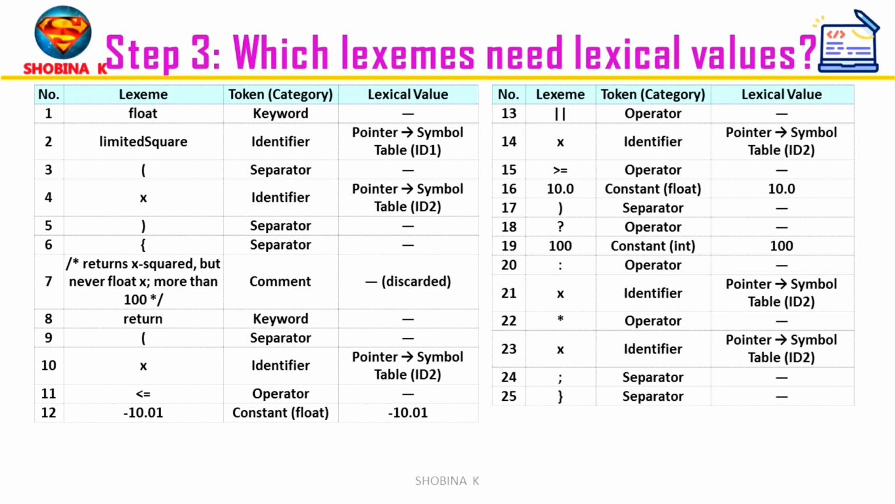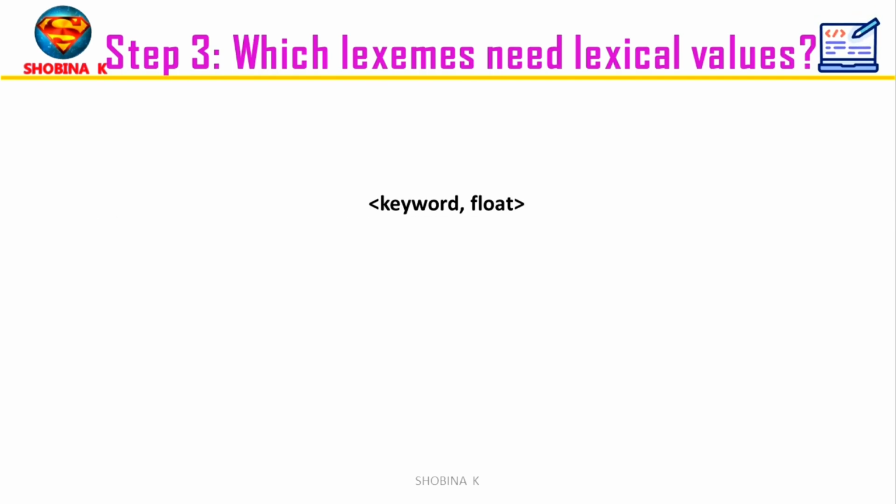For example, why does the lexeme float have no lexical value? The word float is a keyword. Keywords always have a fixed predefined meaning in the language. The compiler already knows that float means a data type that stores floating point numbers, so no extra information is needed to understand float. The lexical analyzer just creates a token like this, and that alone is enough.